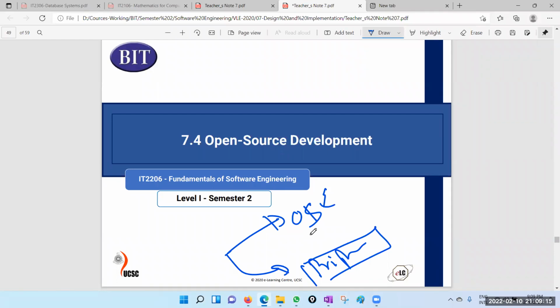But if you develop your software using technologies like Java, JBoss server, Apache Tomcat server, or PHP, you are pretty much biased towards open source development because your technologies are open source. Maybe your product is closed source, but your technologies are open source. Okay.